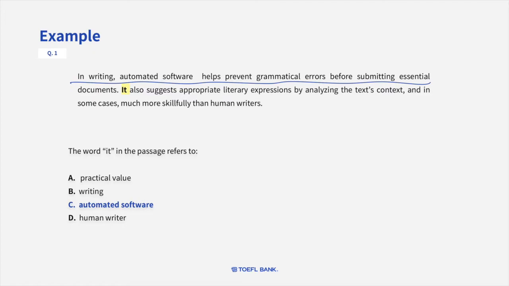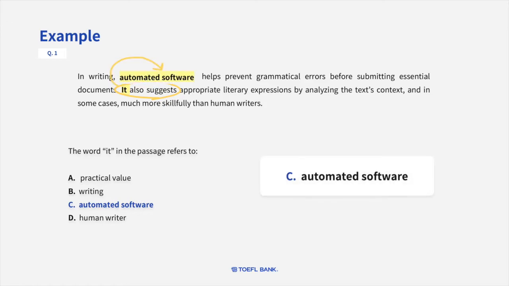And right after that is, it also suggests appropriate literary expressions by analyzing the text context. We can tell that the it in the sentence is a noun of the previous sentence, which is automated software. It was quite easy to solve, but these types of reference questions are the ones that will most likely be on the exam.